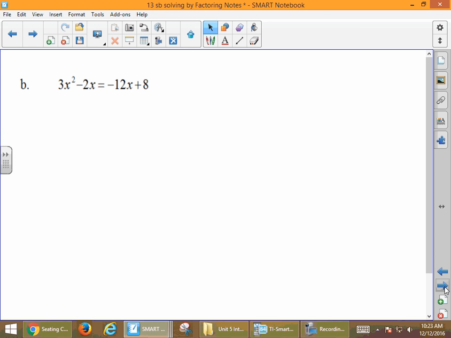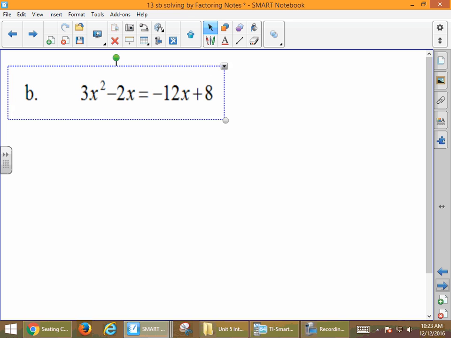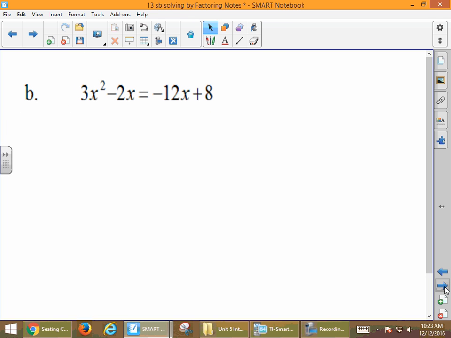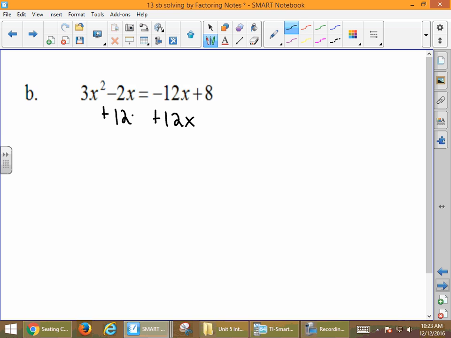Letter B. Again, when we're solving by factoring, our equation must be equal to 0. And in example B here, once again, we do not have our equation set equal to 0 yet. We can rewrite it so that it's set equal to 0. And we can start by adding 12x to both sides.